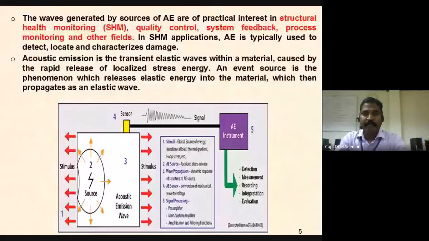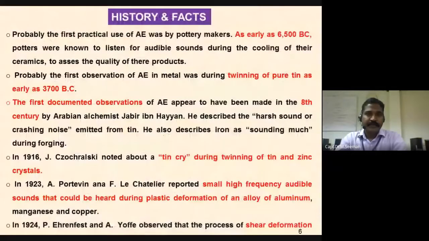The history and facts of acoustic emission: around 6500 BC, our forefathers used acoustic emission mainly in the manufacturing of mud or clay parts. The quality of a mud part was judged using acoustic sound waves.